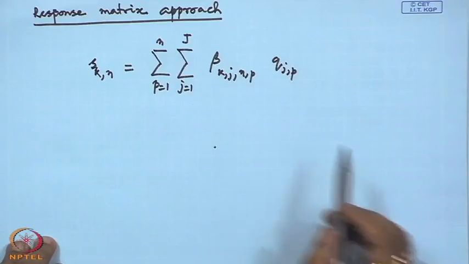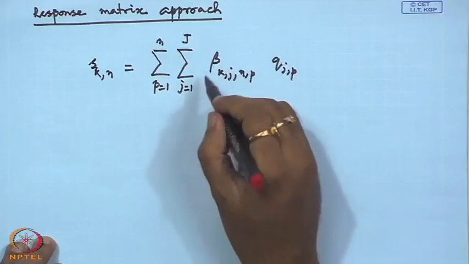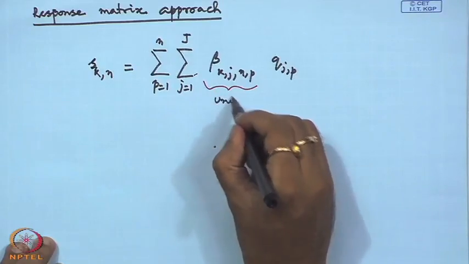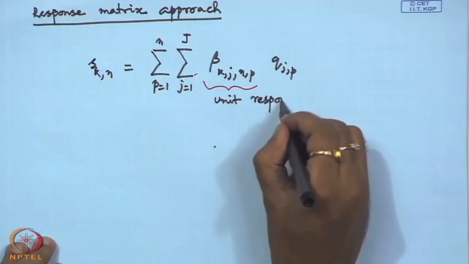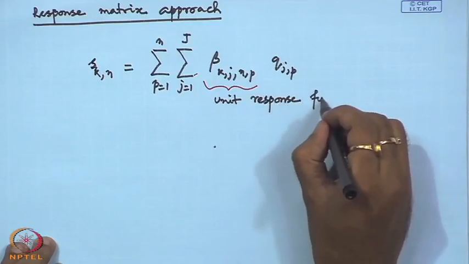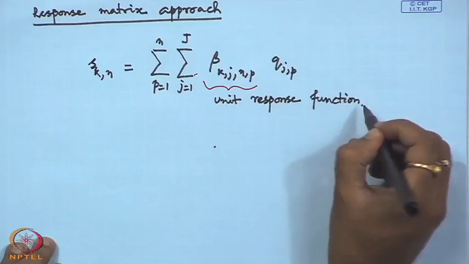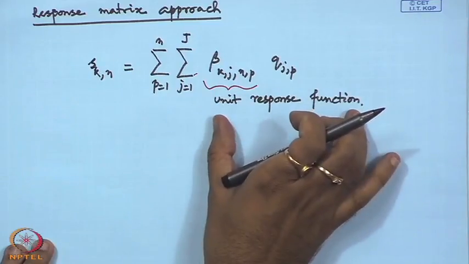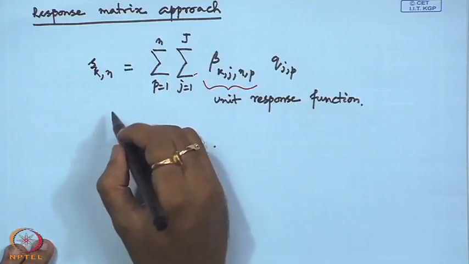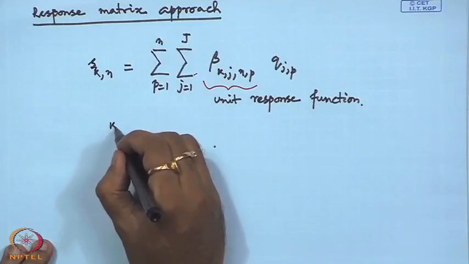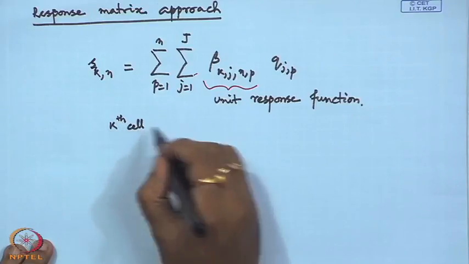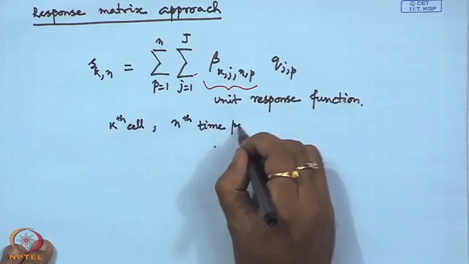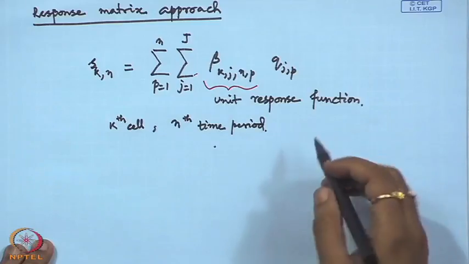So, in this case, this unit response function tells something, that is, in the kth cell at the end of nth time period due to unit.